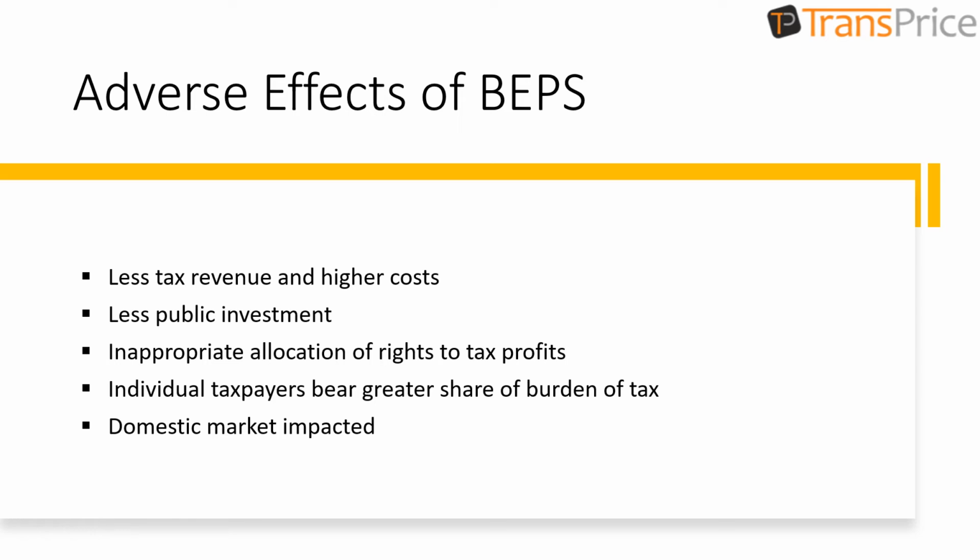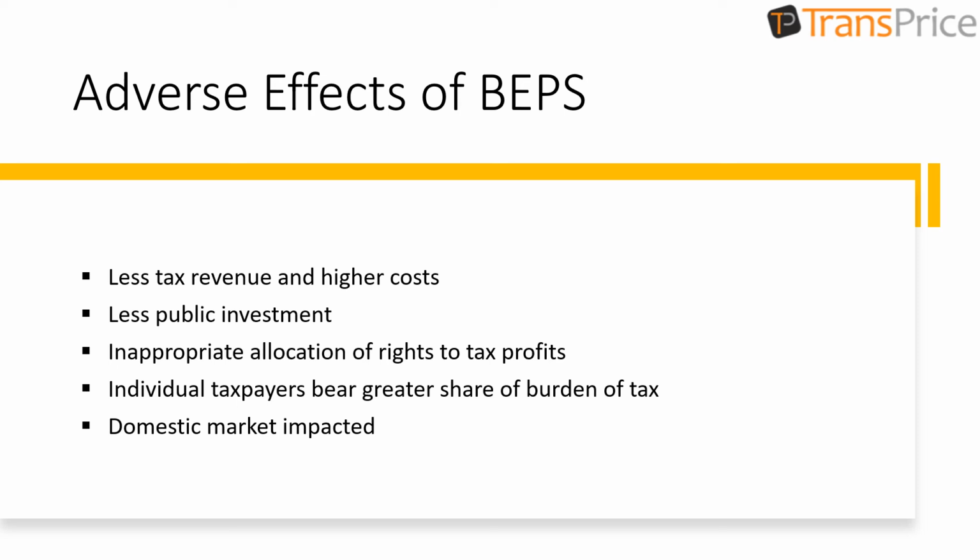Let us now understand the adverse effects of BEPS. Due to the BEPS problem, governments have to cope with less revenue and higher costs. One of the major adverse effects of BEPS is that it affects the economy of several countries. Multinational enterprises are able to exploit different tax systems of countries, thereby leading to underfunding of public investment, which reduces economic growth.